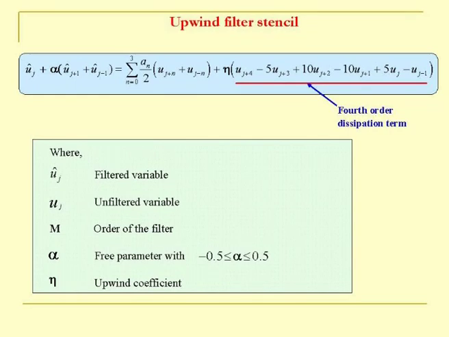So here we tried to develop an upwind filter, Yogesh did, and you add an additional fourth order dissipation term with a floating constant eta. That is what we will call the upwind coefficient, and it gives you an additional degree of freedom. Why we are doing it, I will explain to you. This is important because this is not just another filter that you have.